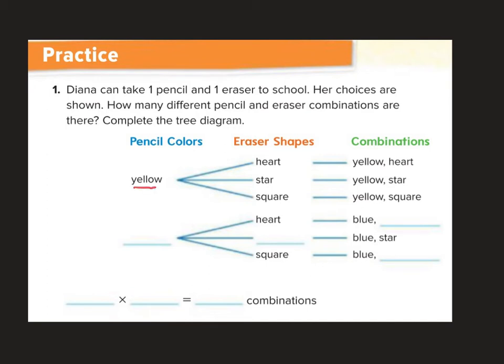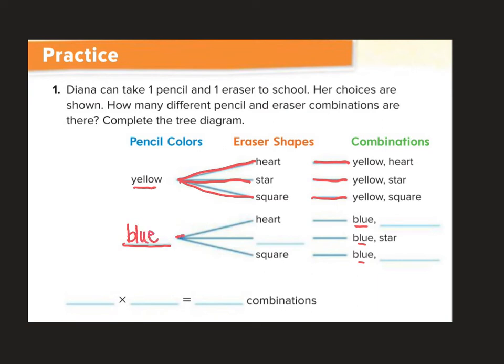So she could take yellow heart, yellow star, yellow square. What's going to go here? I look at my combinations and I see blue, blue, blue. So I know that blue is her second pencil color choice.